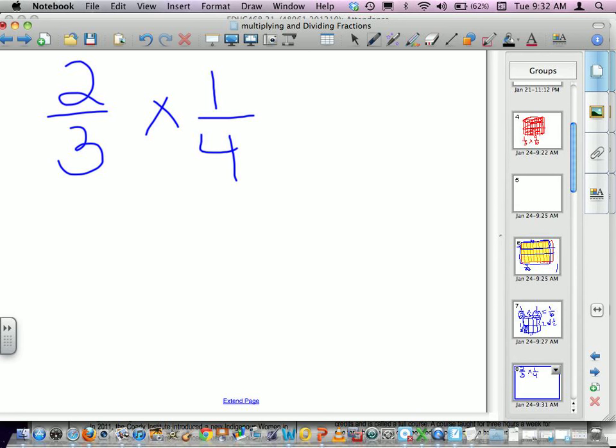Now the problem with this one, when you unfold it, is you don't get the lowest terms, but that's okay.